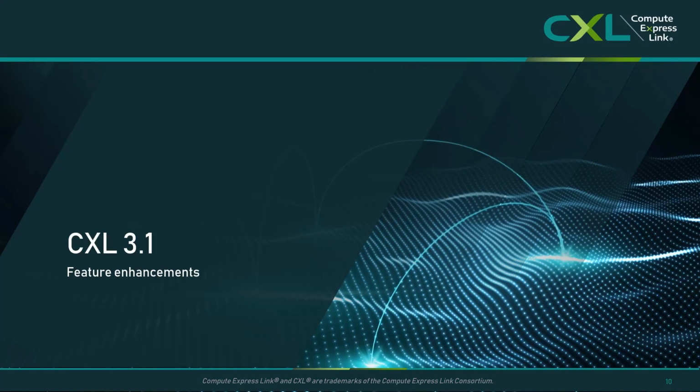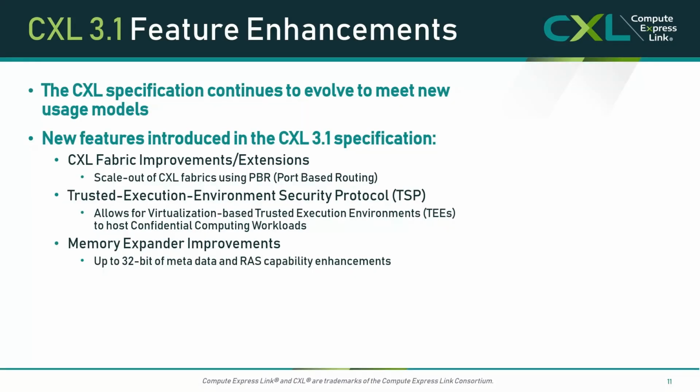All right, as we go into CXL 3.1, from a feature enhancements perspective, it was basically addressing the new use models. One was the ability to scale out the CXL Fabric resources.